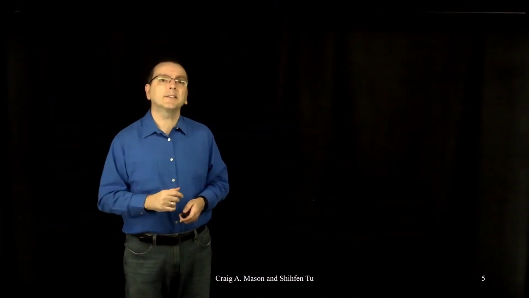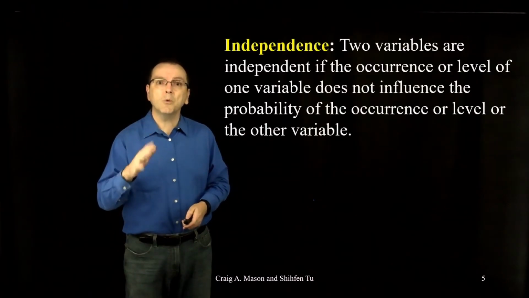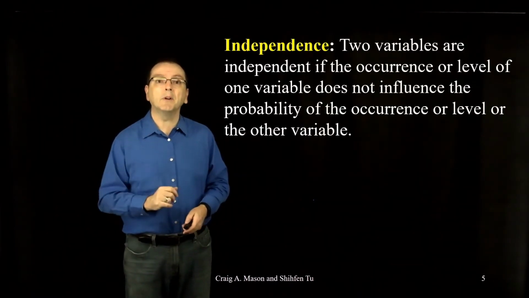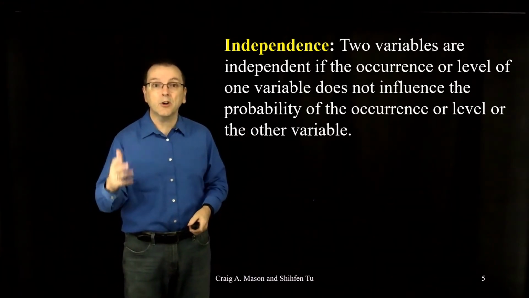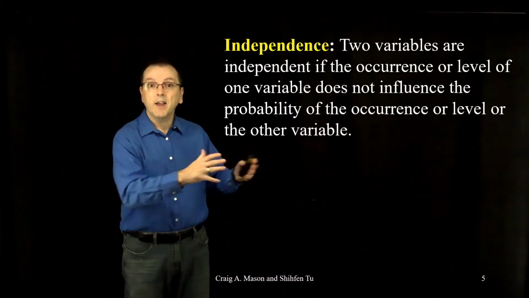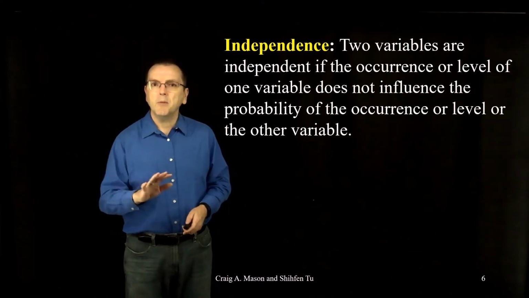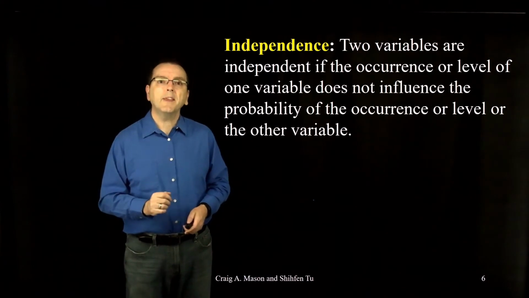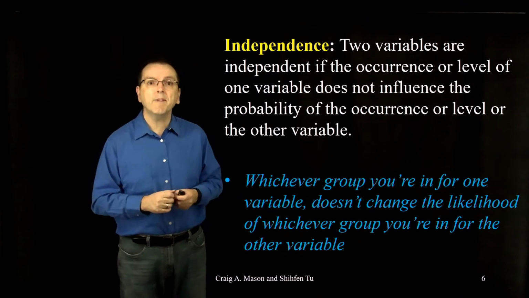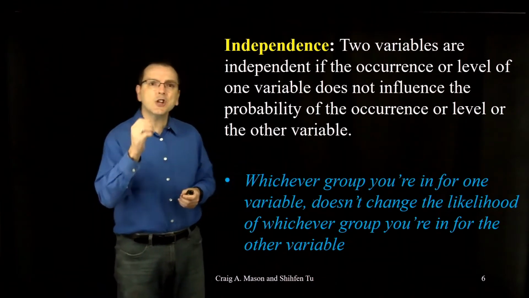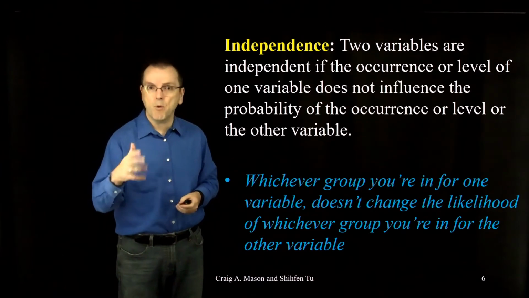In this context, two variables are independent if the occurrence or level of one variable does not influence the probability or the occurrence or level of the other variable. Because we're dealing with categorical variables, we can think of this more precisely as whichever group you're in for one variable doesn't change the likelihood of whichever group you're in for the other variable.